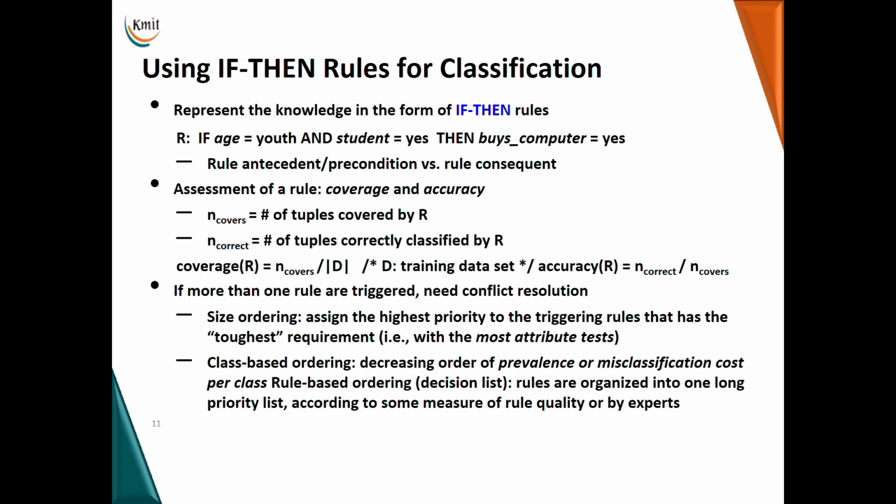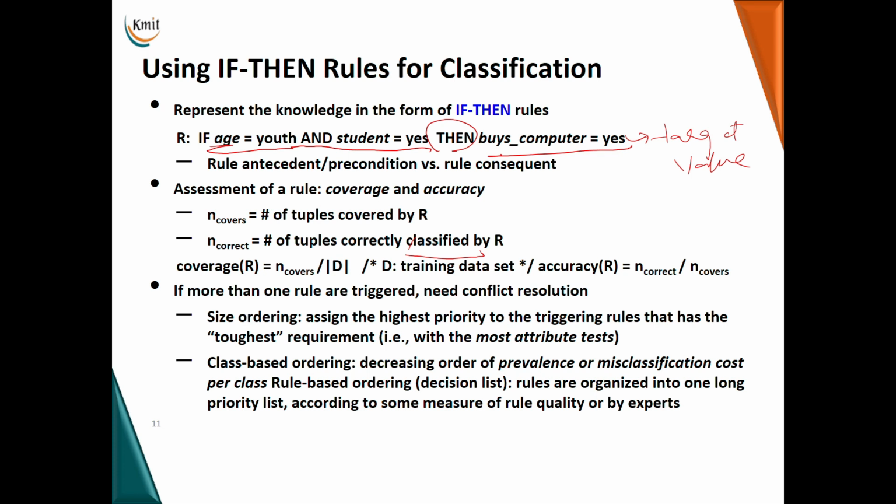Now, assessment of a rule is what? Coverage and accuracy. How are you doing that? You have a tuple covered by R and the classified class. Basically, remember one thing, whatever you write, you have to write like this: if something is equal to something and something is equal to something, then you are finally getting a target value.